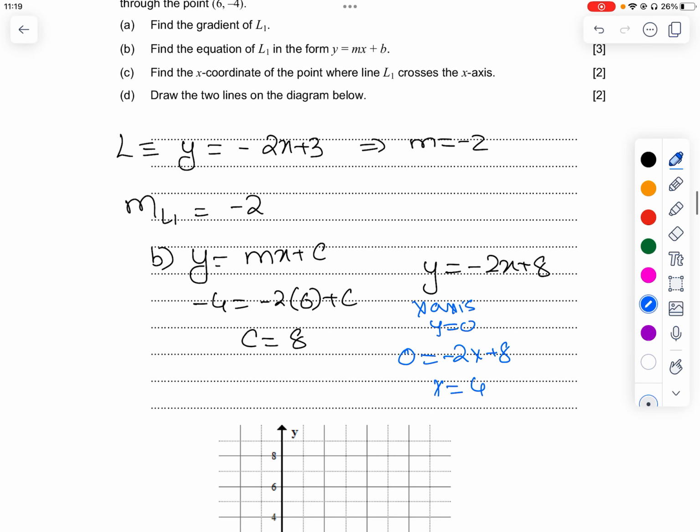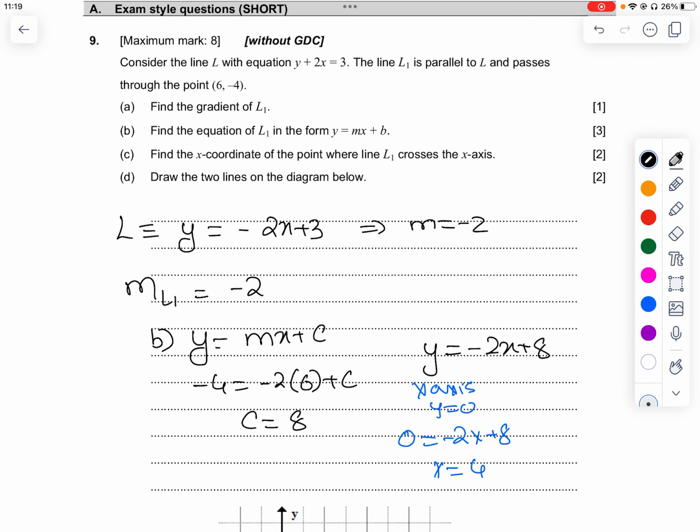Draw the lines on the diagram. What am I doing? This is the graph, and the first line has gradient negative 2, with intercepts 8 and 4. Now it is parallel, but the gradient is negative 2 and 3 is the y-intercept.